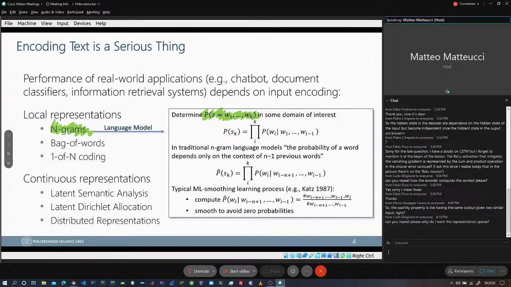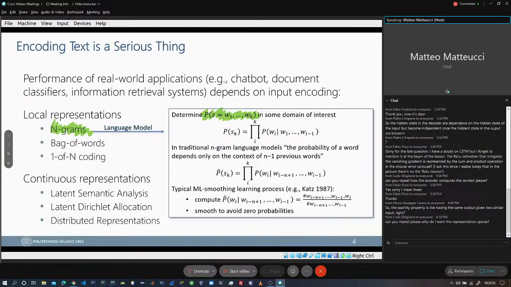Because let's assume that we want to perform some maximum a posteriori probability for a certain class of a document. Basically, maximum a posteriori probability is the probability of the document given one class, the probability of the document given the other class, and then you have to multiply by the a priori probability of the class, and then you select the one with the highest probability.